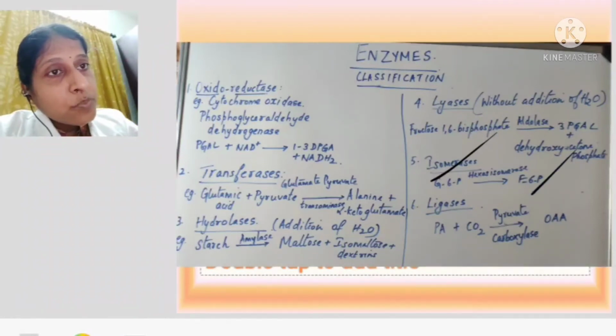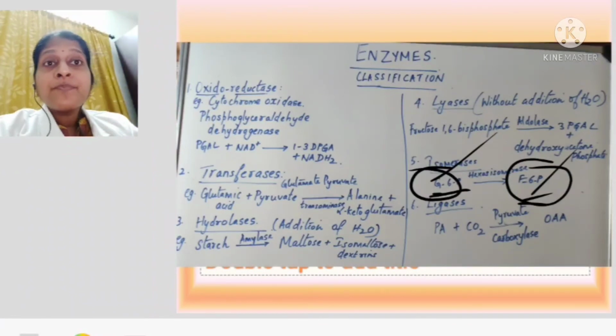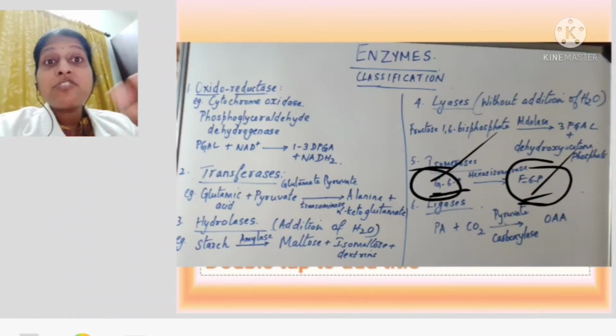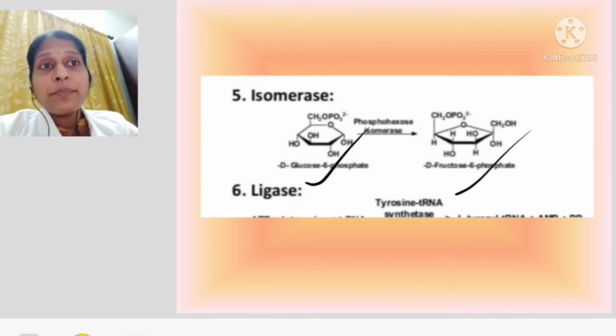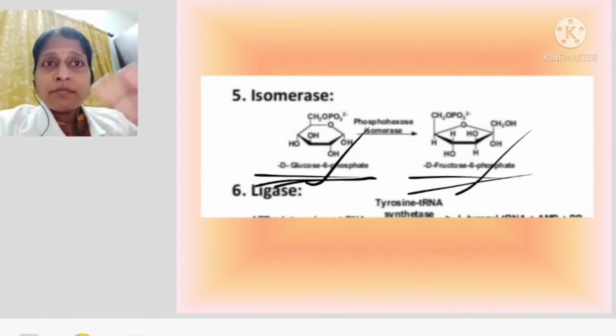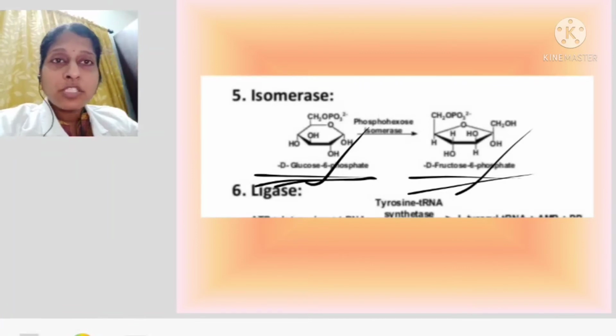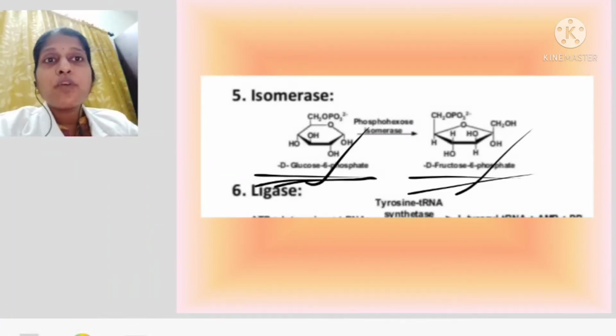Both have the same formula but the structure is different. The same carbon, hydrogen, oxygen will be present, but the distribution is somewhat different.